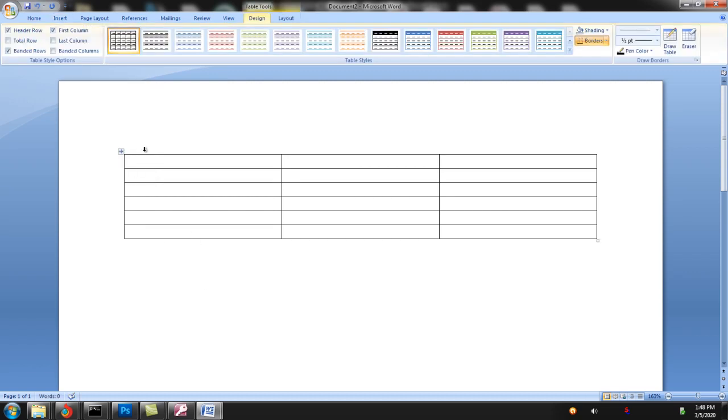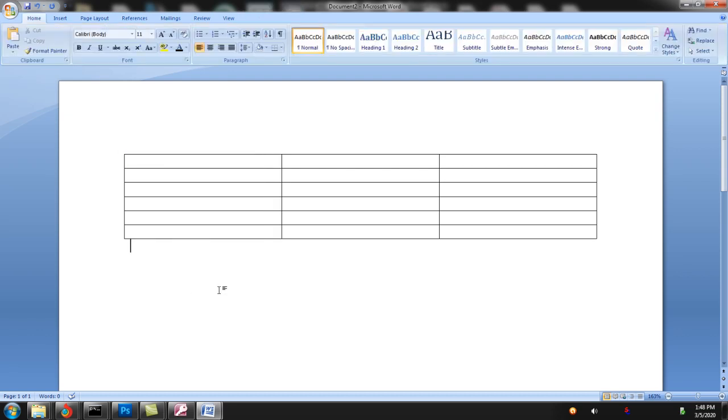We have this as our table, and this will always be a field. A field is a column in a database. And a row is what we call a record.